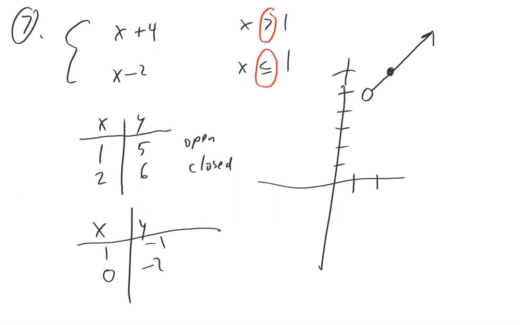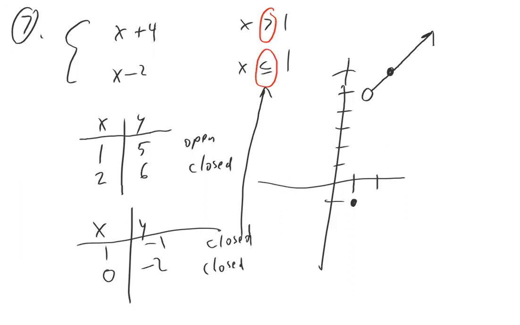So I get 1, negative 1, which, by the way, is closed because notice the inequality says x can equal 1. So it's going to be closed. And the other point is also closed because that's also true, because 0 is less than 1. So I'm going to plot 1, negative 1, which is right there with a closed dot.